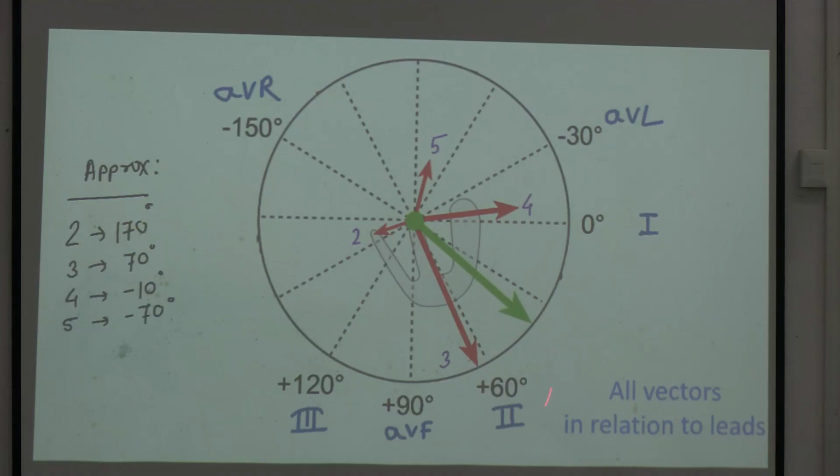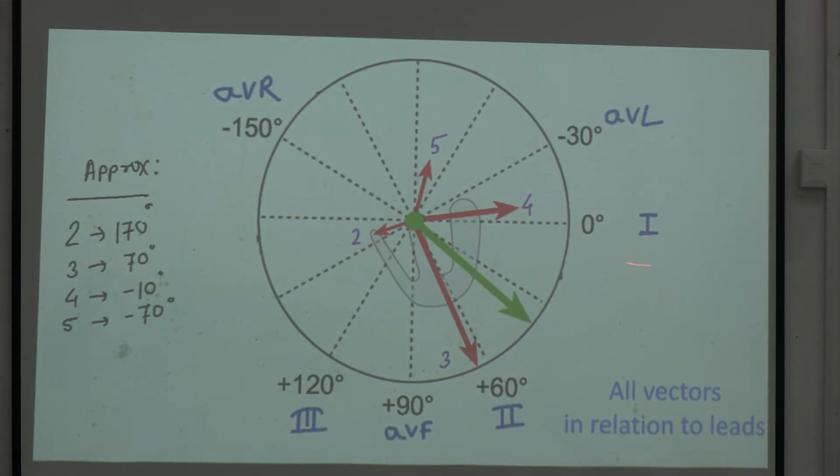Direction of lead 3 is 120 degree. So 0 degree is lead 1, 60 degree lead 2, and 120 degree is lead 3.